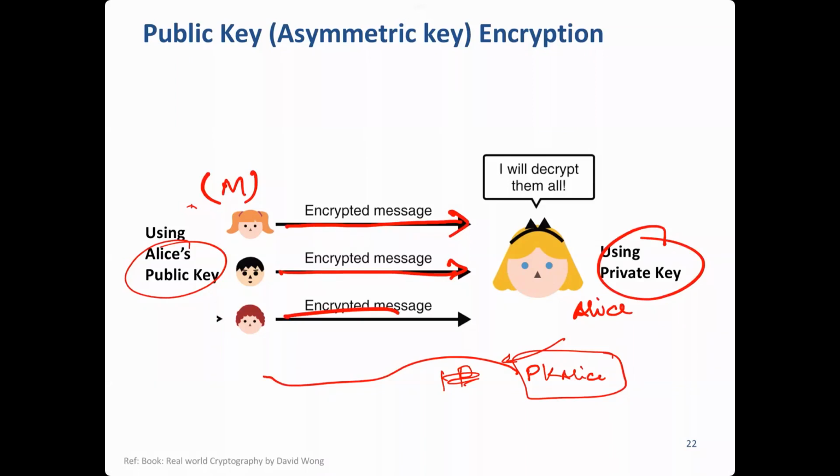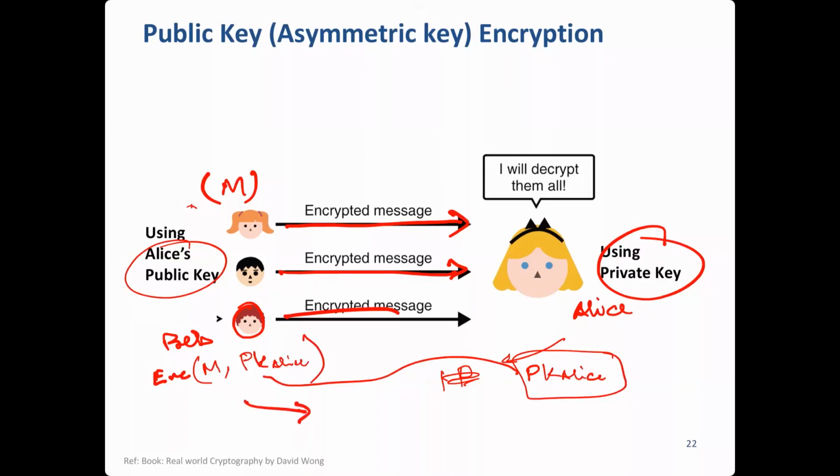Now the question is, for example, here is Bob. When Bob is encrypting a message, say M, does he only need to use Alice's public key, PK Alice, or does he need to use something else also?